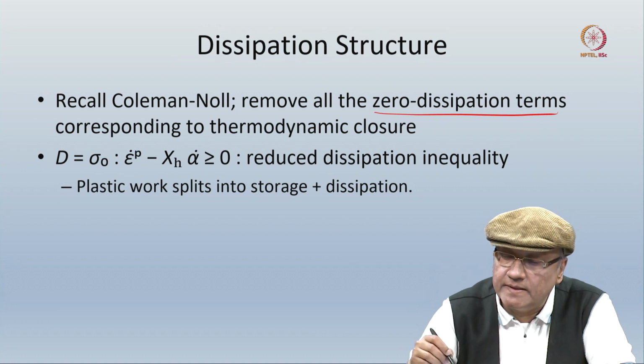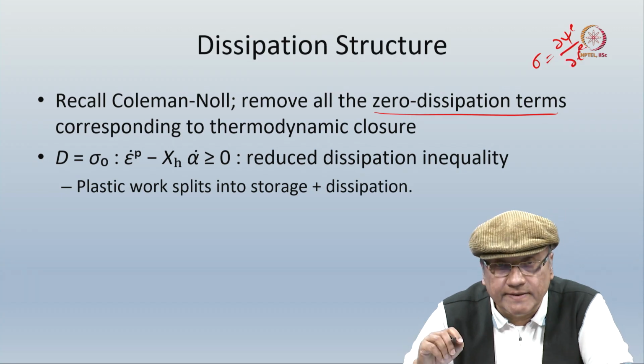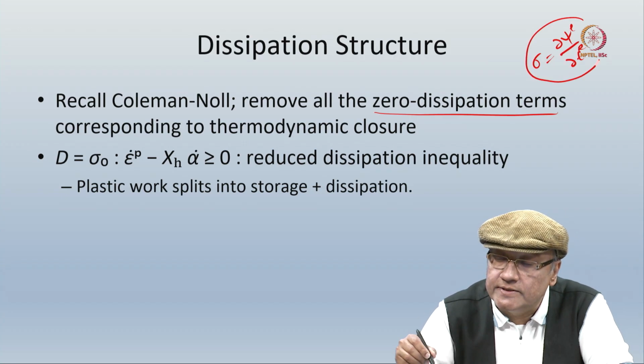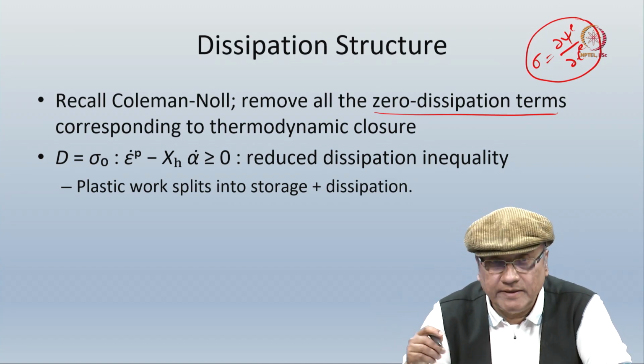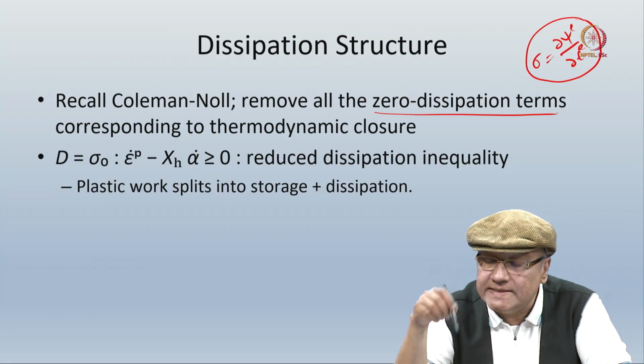Remember that sigma, for example, written as del psi E by del epsilon E, if you write this, that is a zero, that leads to a zero dissipation term, because you can clearly see that, right? We have already seen that.